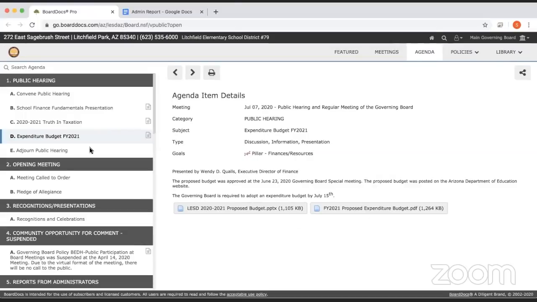The CARES money that is included in that amount is around 600,000. The original allocation from the state was about 774,000, and I'm considering that we're going to expend some of that in the current year, so some of the costs we've already incurred. And then next year, we'll have around 600,000 to spend.